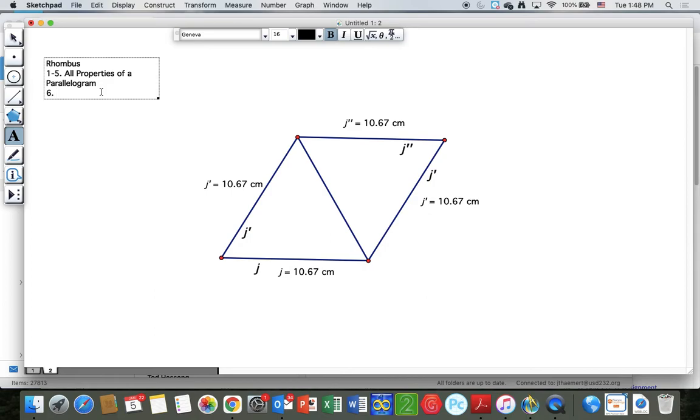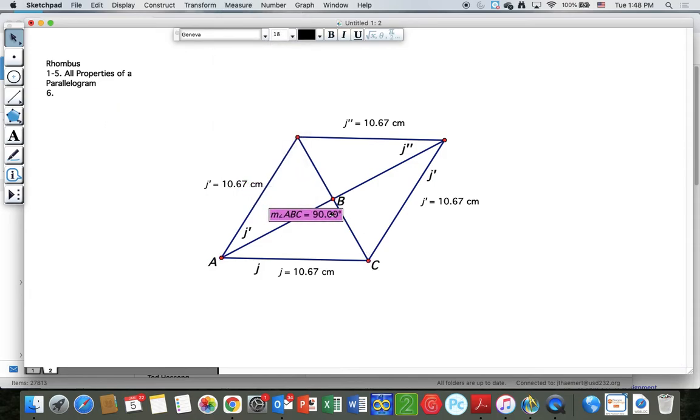Plus, there's some other things here. I better draw in the other diagonal quick. There are some other interesting aspects here. We know that the diagonals are bisected. Again, one is much longer than the other. But check this out. Look at the angle formed.